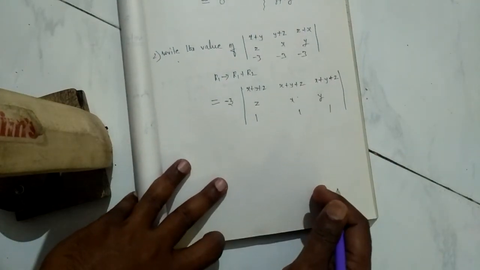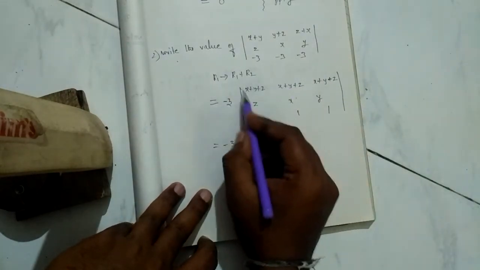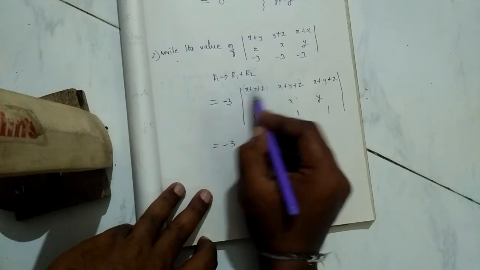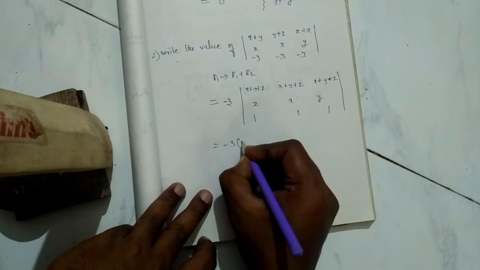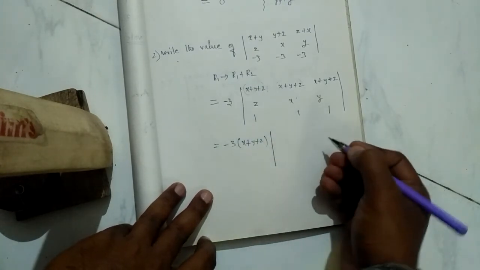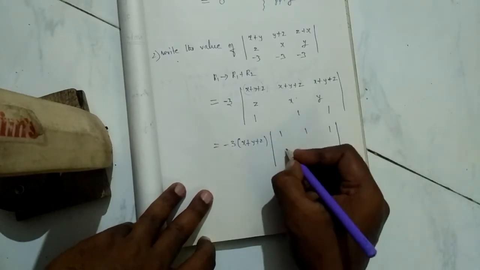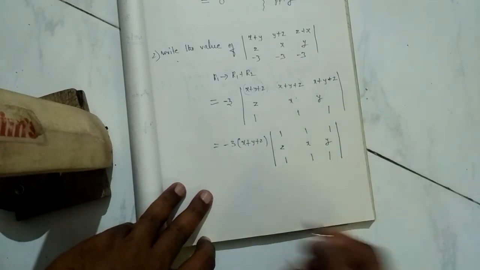Now you see the first row itself has the same elements, so it's a common factor. Taking x plus y plus z common by using the property, this will become 1 1 1, and the rows are z, x, y and 1 1 1.